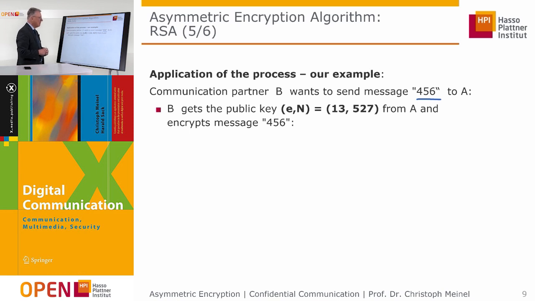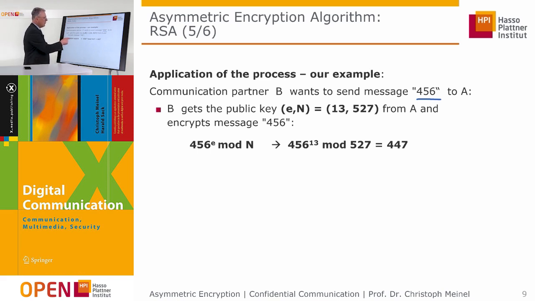So B gets the public key (e, n), as we have described, from A. Bob takes the public key from Alice and encrypts the message 456: 456 to the e mod n is 456 to the 13 modulo 527, and it is this number.